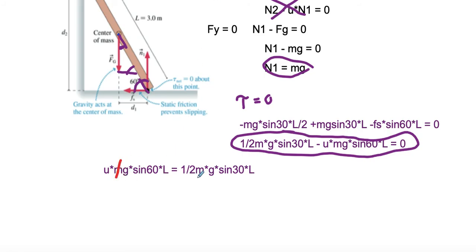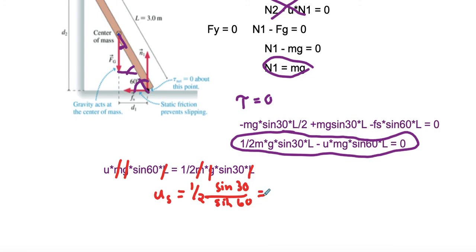We can cancel out the m's, the g's, and the L's, and we're going to be left with just some sines. So our coefficient of friction is equal to 1/2 of the sine of 30 divided by the sine of 60. And we can plug those numbers in there and get a value.